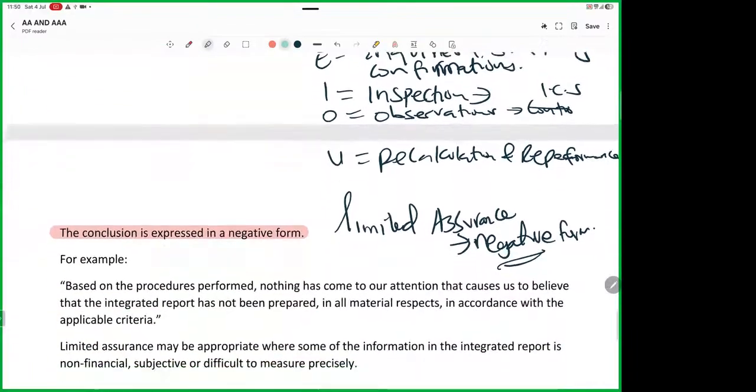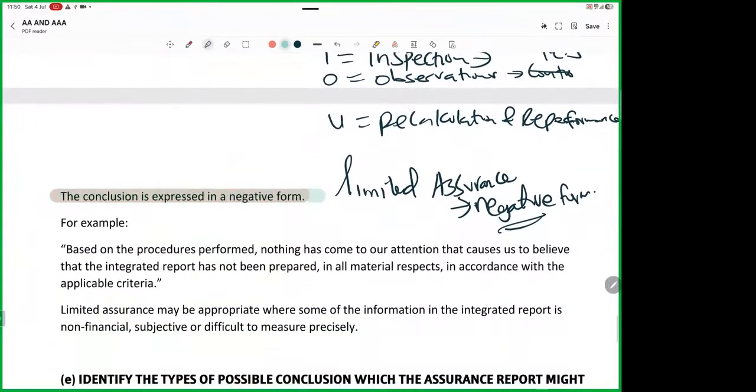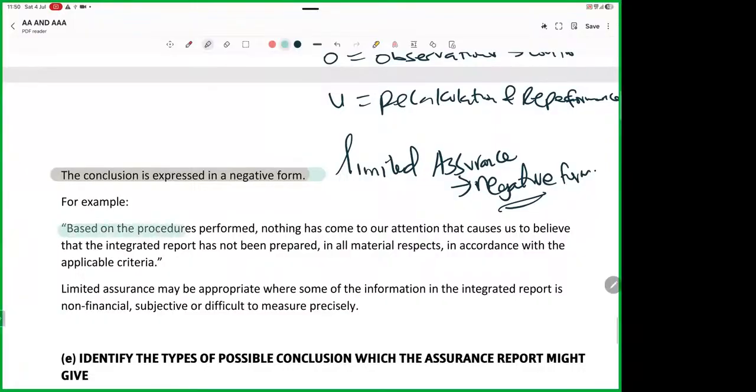The conclusion is expressed in negative form. For example, based on the procedures performed, nothing has come to our attention that causes us to believe that the integrated report has not been prepared in all material respects in accordance with the applicable criteria. Limited assurance may be appropriate where some of the information in the integrated report is non-financial, subjective, or difficult to measure.